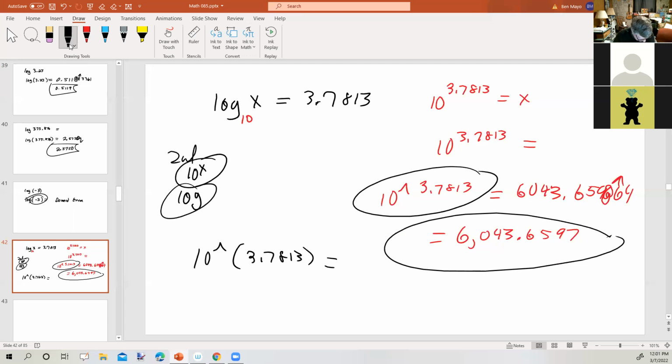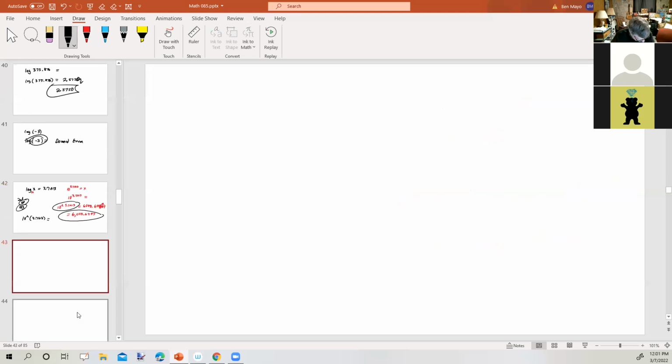Now let's take a look at a situation that says stocking lakes, as in filling them with fish. A farmer stocked a lake on her property with 75 sunfish.